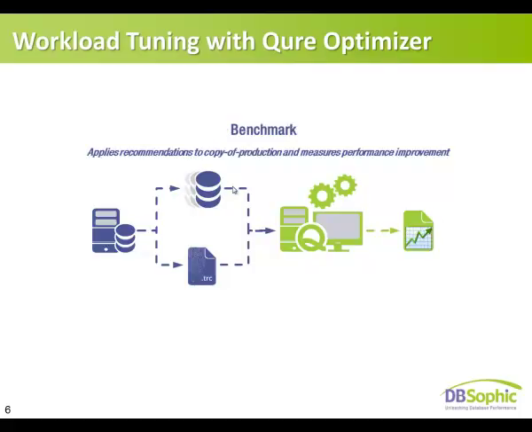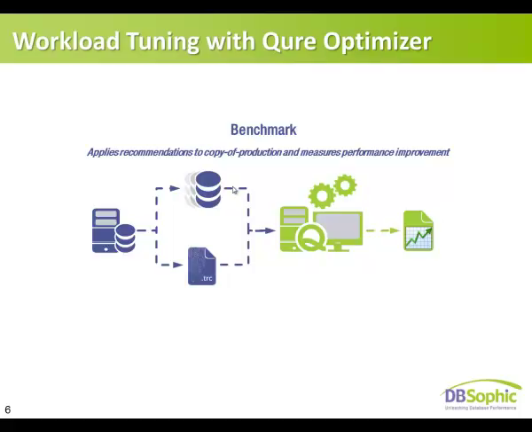And so Qure Optimizer will perform a full benchmark by replaying your entire workload against the copy of production, first as is to establish a baseline, then generating correctional scripts and applying them onto that copy of production, literally tweaking your schema, optimizing your indexes, rewriting stored procedures, queries, and much more, and then replaying the entire workload again.